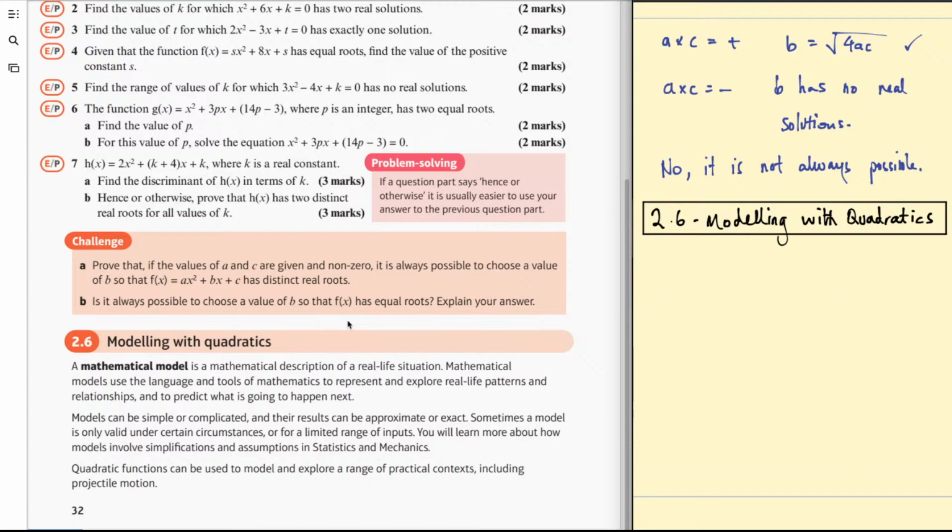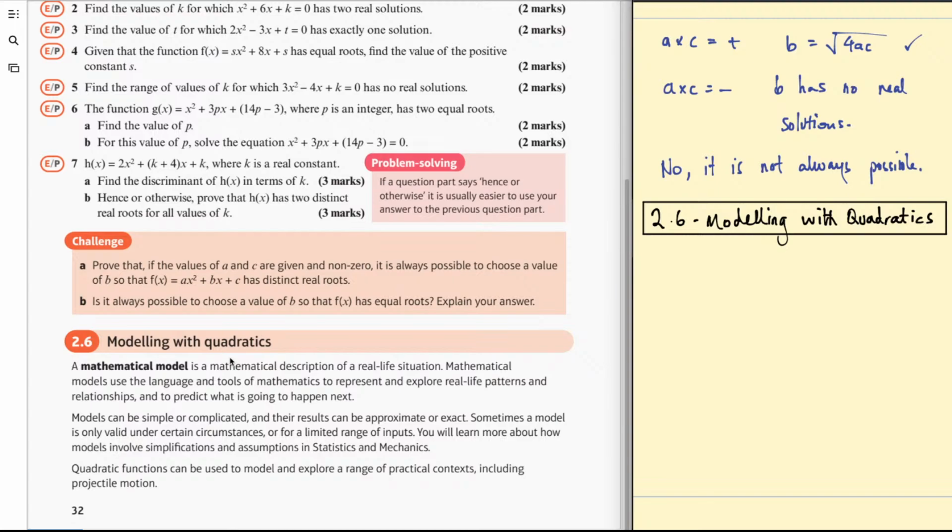This is another new topic that we don't really touch in GCSEs. Modeling is all about modeling real world situations, which is one of the most powerful things about mathematics.